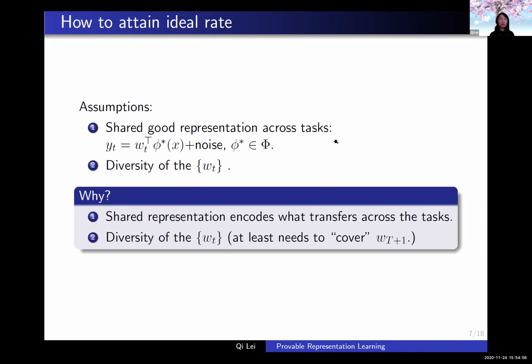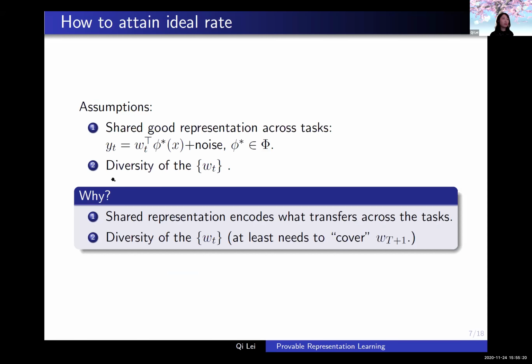How do we attain this ideal rate? A very natural assumption is that there exists a good shared representation across tasks, meaning that the label for each task is roughly equal to a linear layer times the shared representation plus noise. So there must exist such a theta star and phi star.